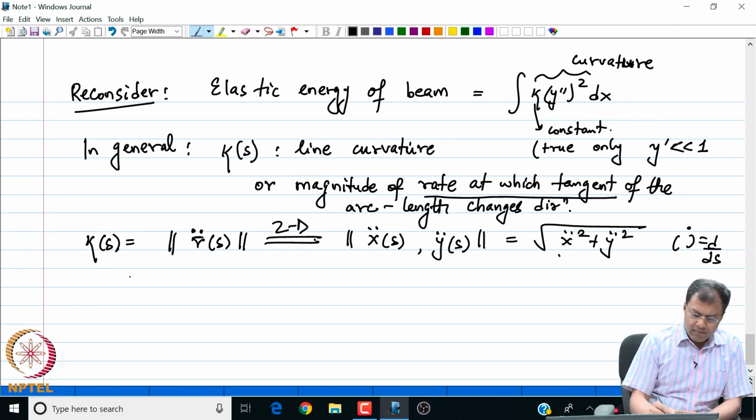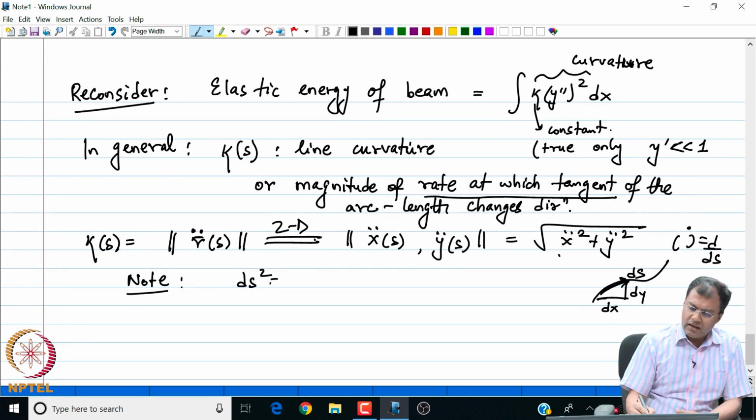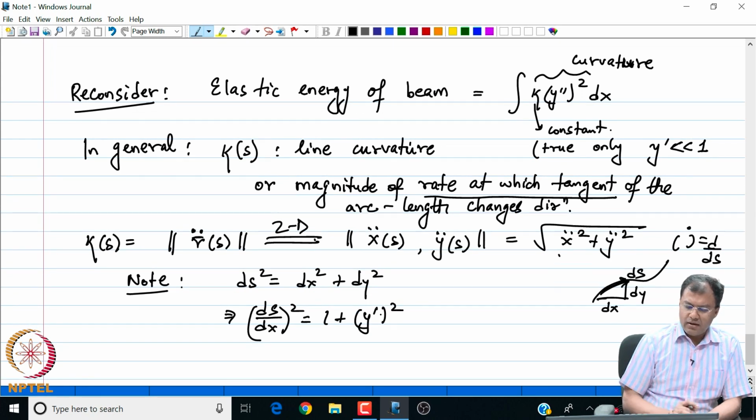Note that my arc length of the curve ds will be such that ds square is equal to dx square plus dy square, right. So my ds square is dx square plus dy square, or I get that ds by dx whole square is equal to 1 plus y prime square, right.